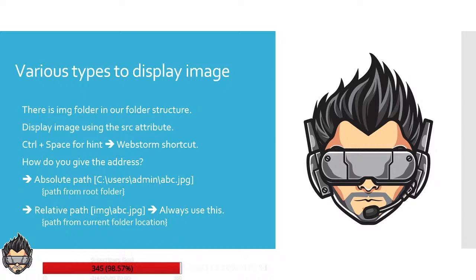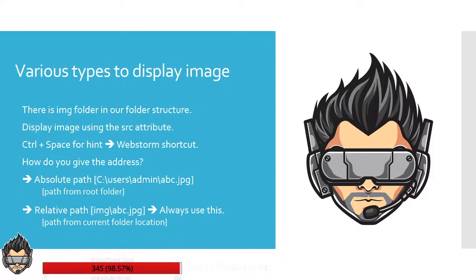What if there is no admin? What if the name is something like a random person, for example Sid, so it's C slash users slash Sid slash abc.jpg? There might be a problem displaying the image.